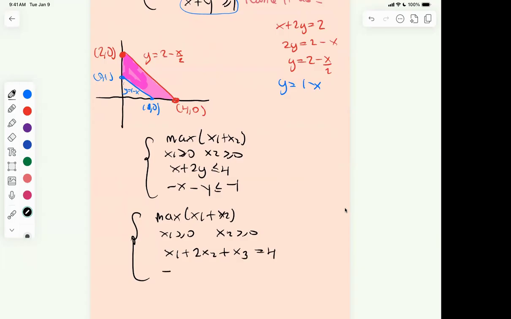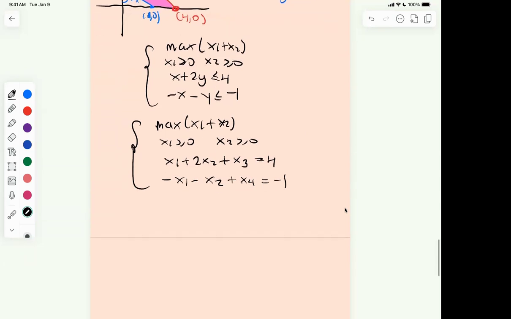And then minus x1, sorry, minus x2 plus x4 equals -1. Is that okay?